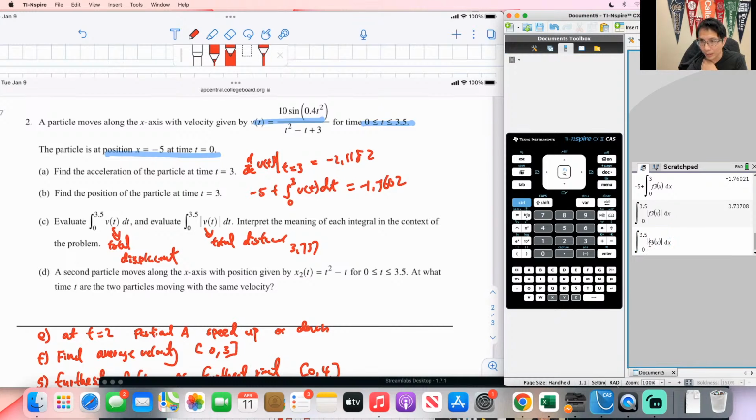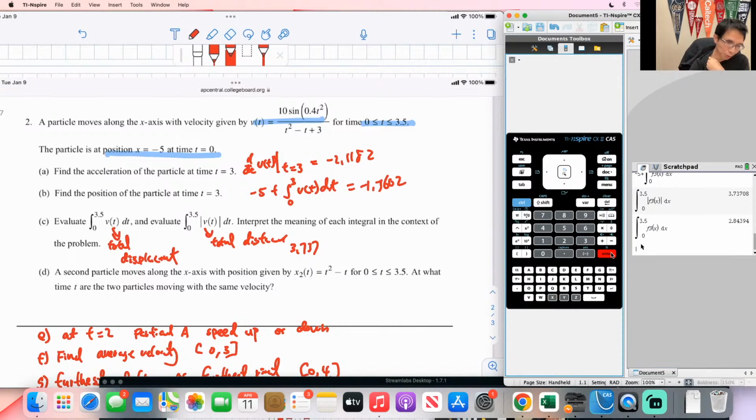So I'm going to have to get rid of this. So that's going to be var F3 of x. And that's 2.84. So this 2.84 is total displacement, and total distance is 3.73.